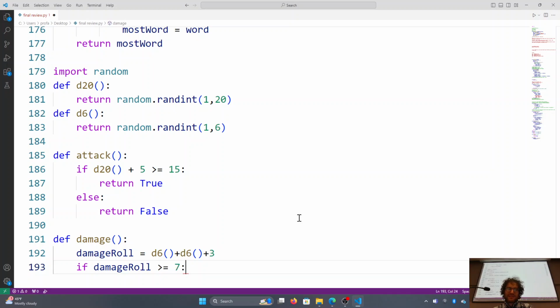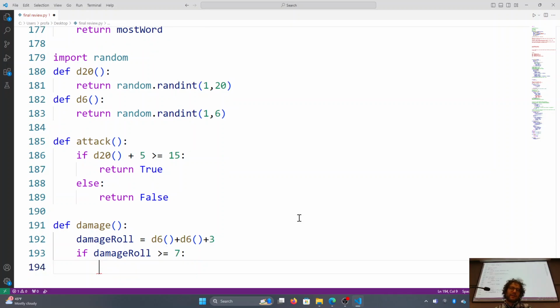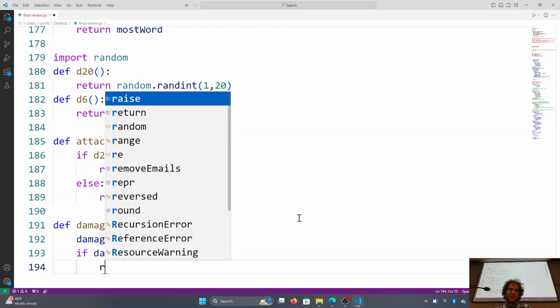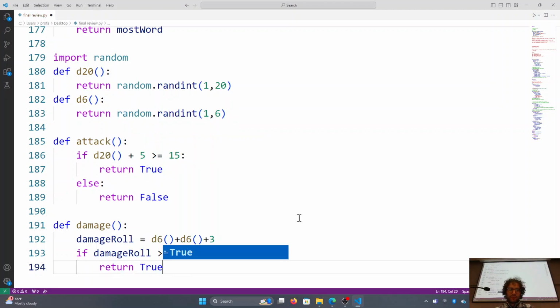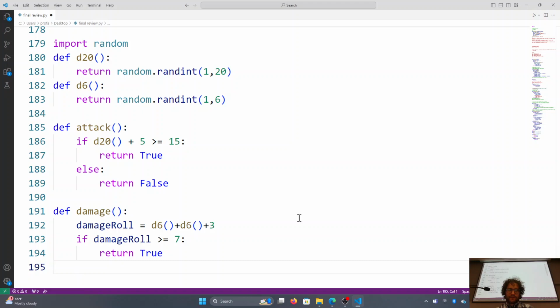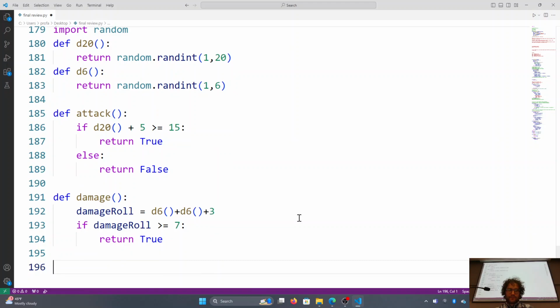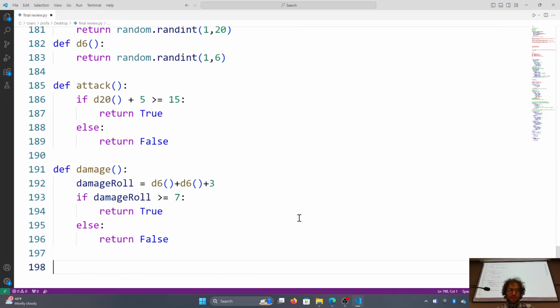Meets or exceeds here. That's another reason you've got to read whether or not it meets or exceeds. Then return true. Else return false. And there we go.